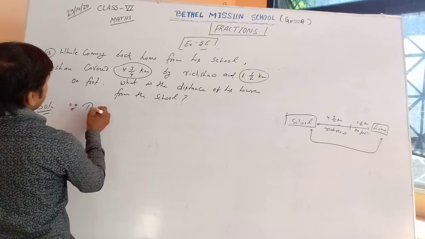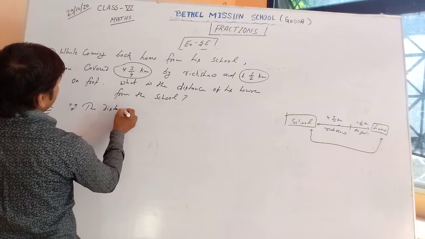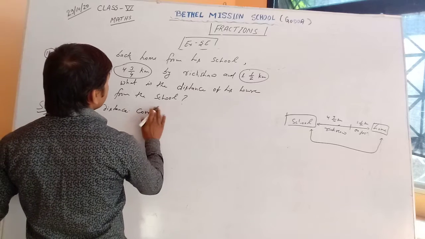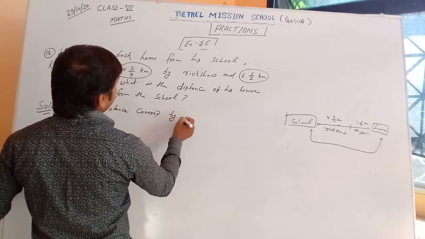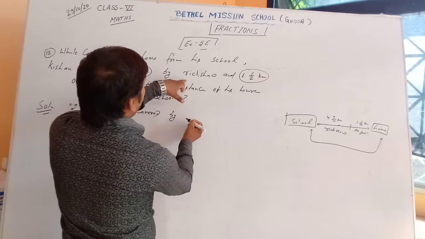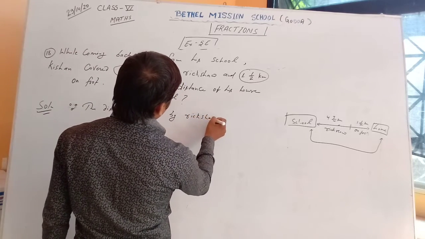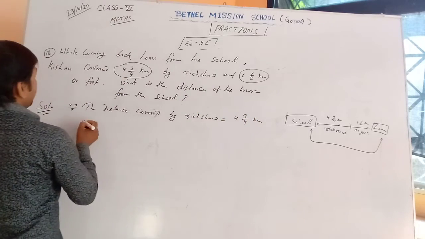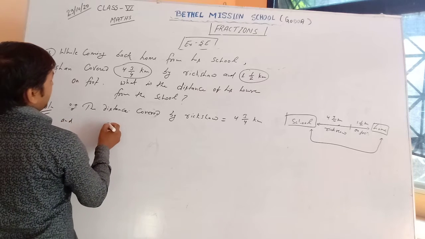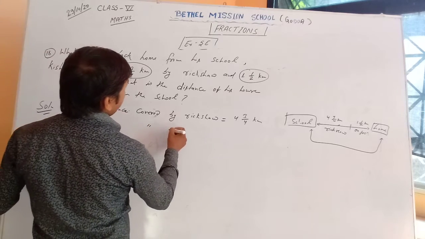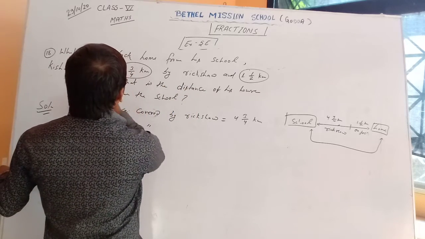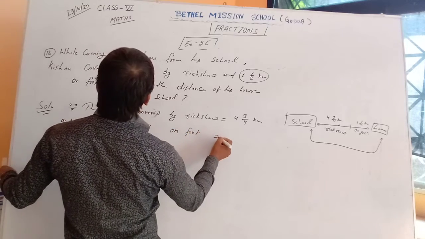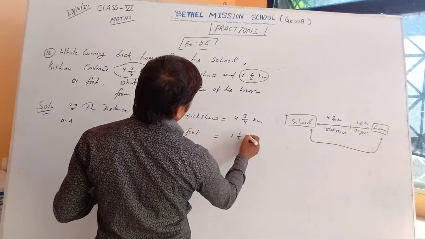Since the distance covered by rickshaw is 4 and 3/4 kilometer, and the distance covered on foot is 1 and 1/2 kilometer.